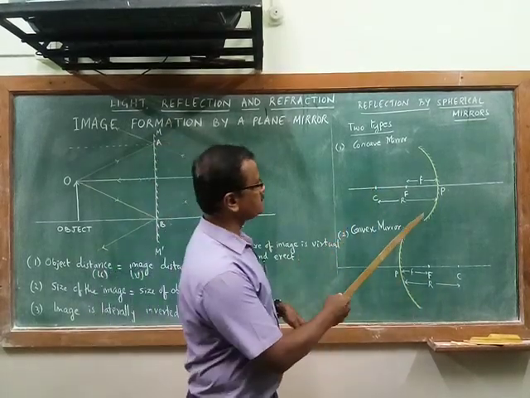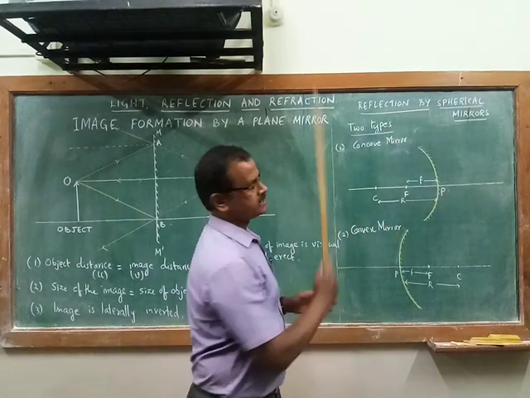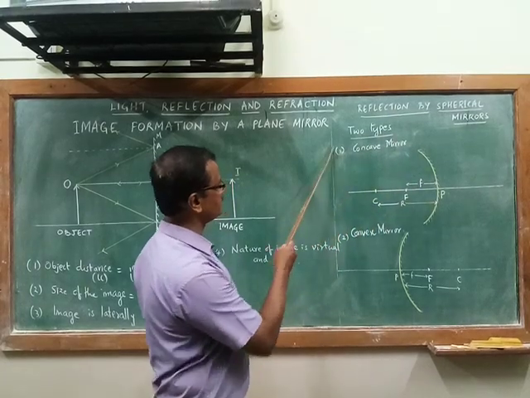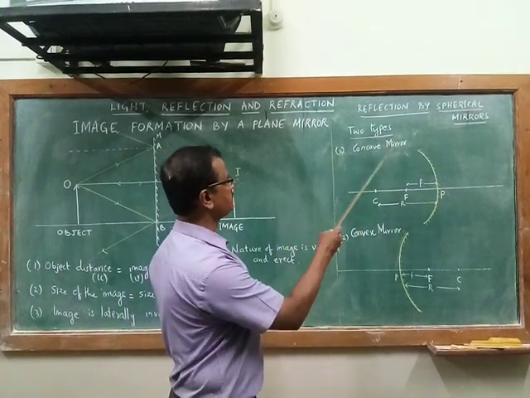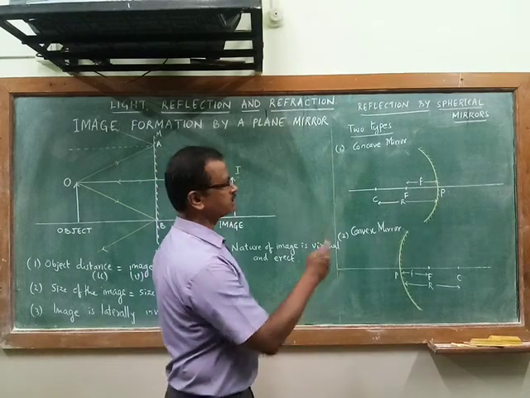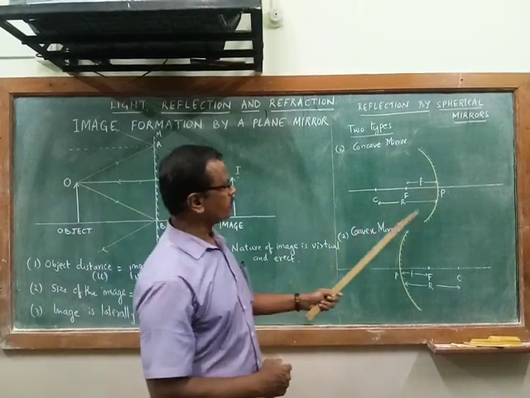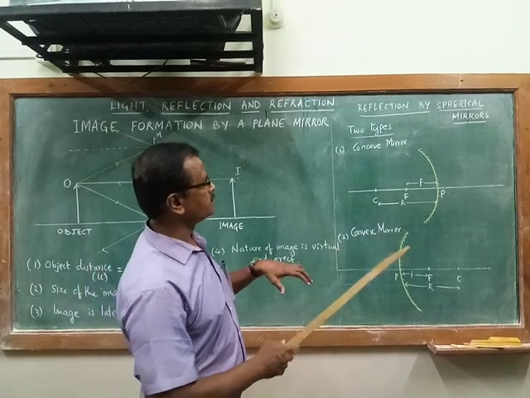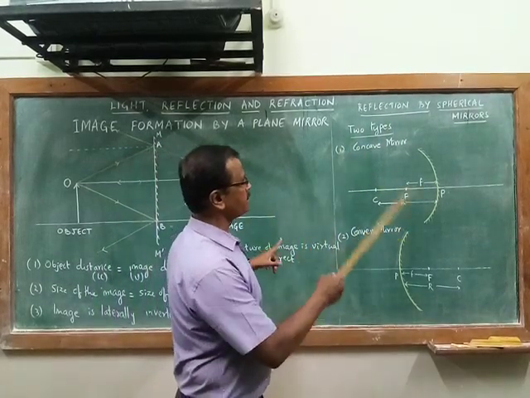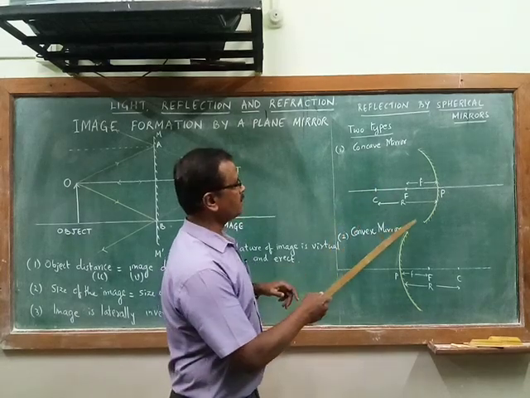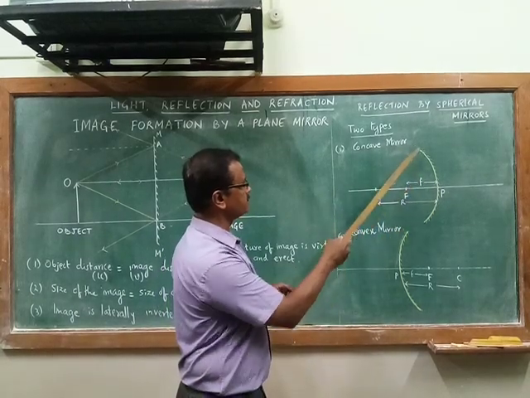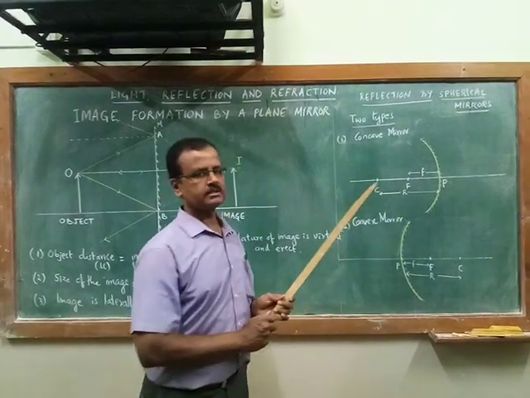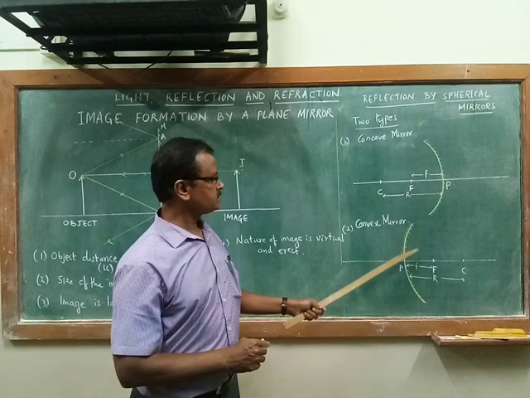Then why are they called spherical mirrors? If you draw an imaginary curvature and complete it, it is going to form a sphere. So a concave mirror or a convex mirror is a part of an entire sphere, therefore they are called spherical mirrors, concave as well as convex.